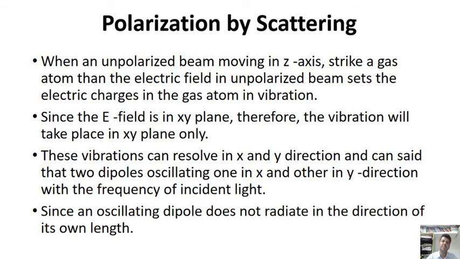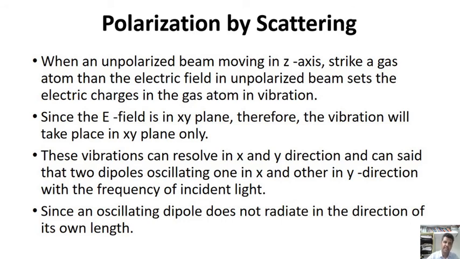When an unpolarized beam moving along the z-axis strikes a gas atom, the electric field of the unpolarized beam sets the electric charges in the gas atom into vibration. Since the E field is in the xy plane, the vibration will take place in the xy plane only.